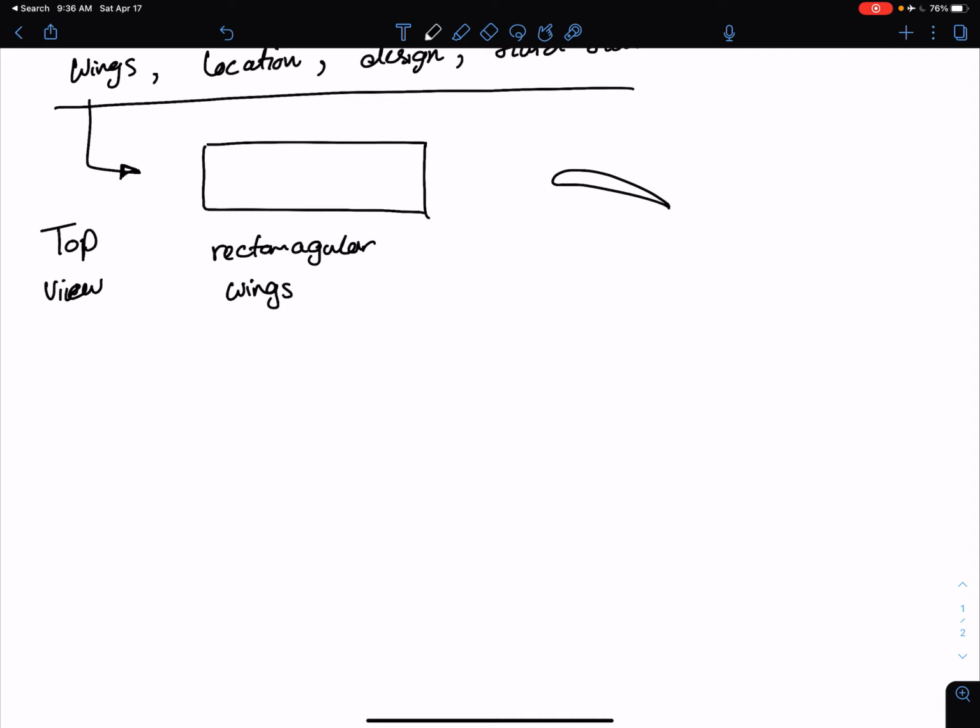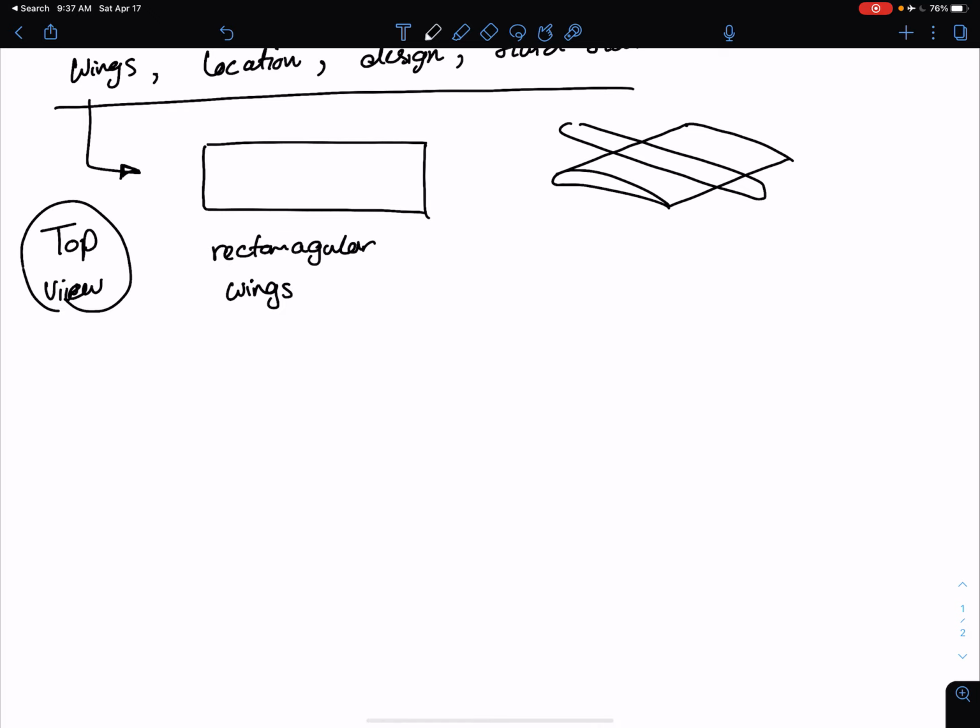It will have an airfoil, then a span, same airfoil, same chord length. It looks like something like that, and you will have the fuselage in the middle, and this is going to be your plane. So these are top views.